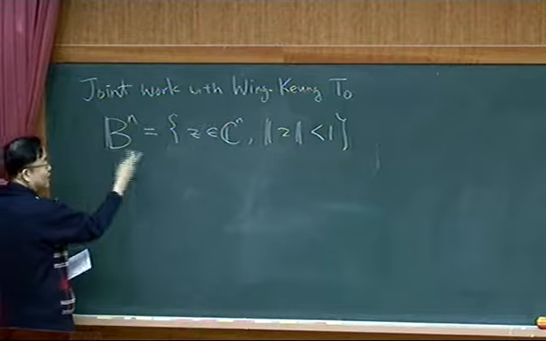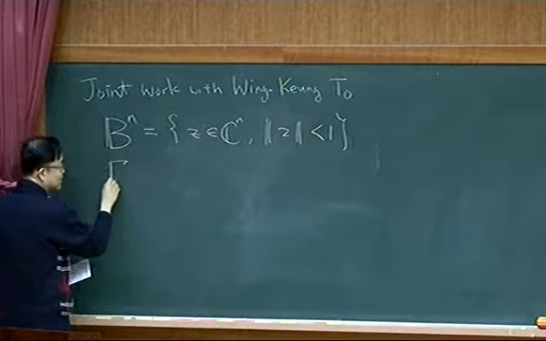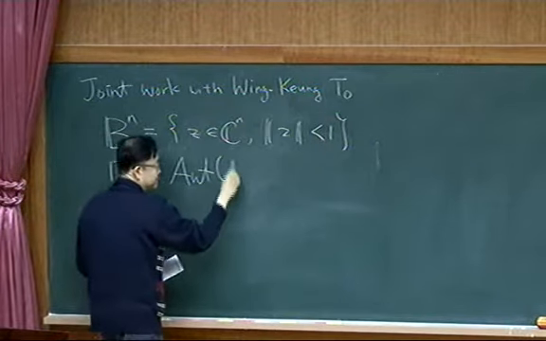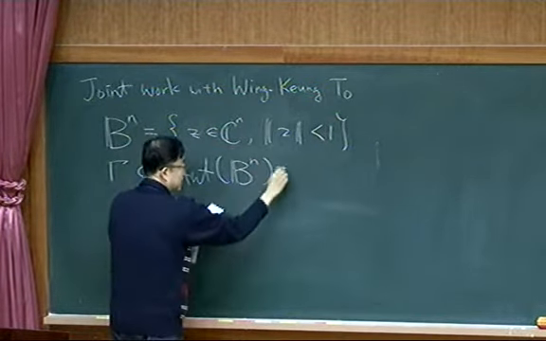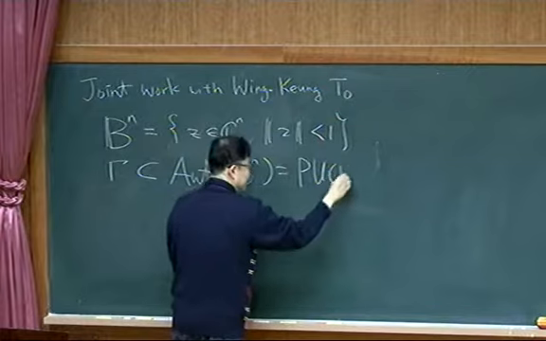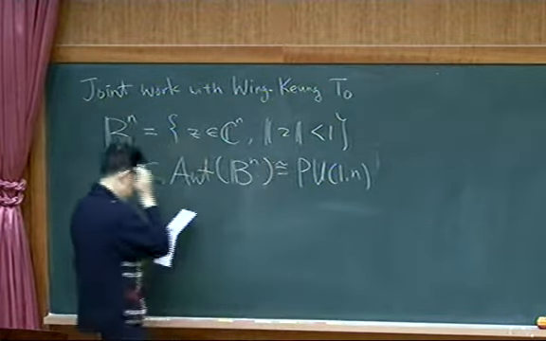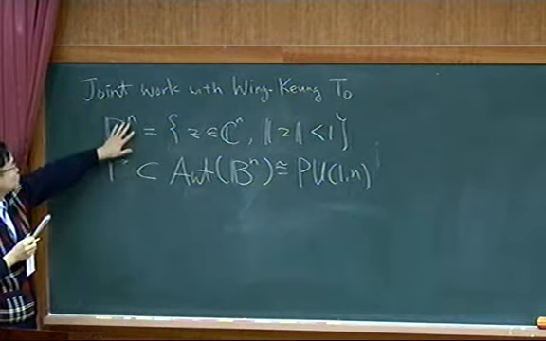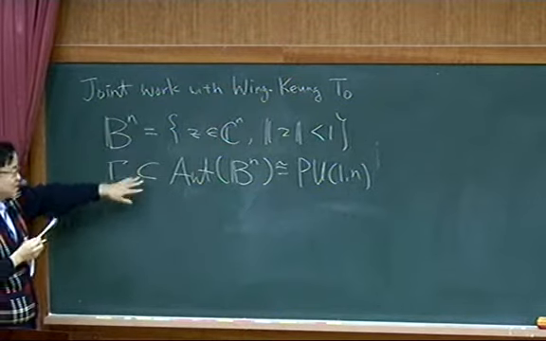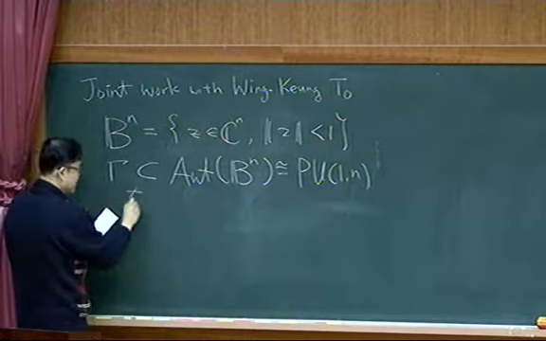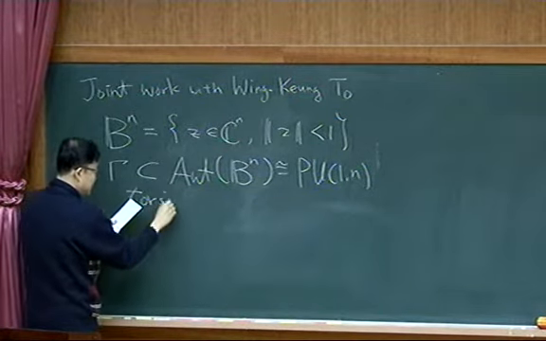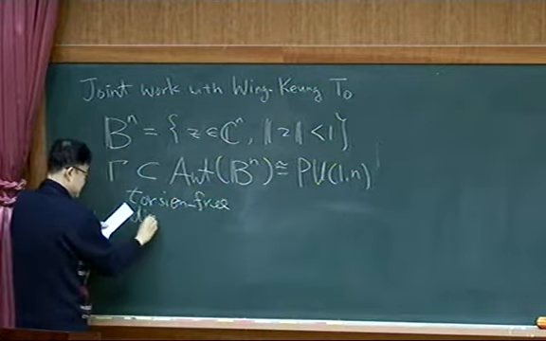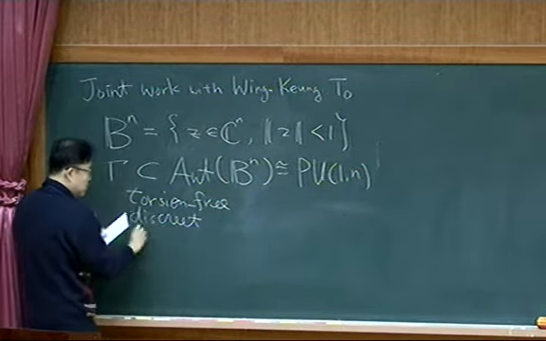And then we are interested in the discrete subgroup of the automorphism group of the ball B^n. And the subgroup we are interested in is such that we want to look at the compact quotient of the ball. So the subgroup is torsion-free, so it's a smooth compact quotient, and discrete, co-compact.